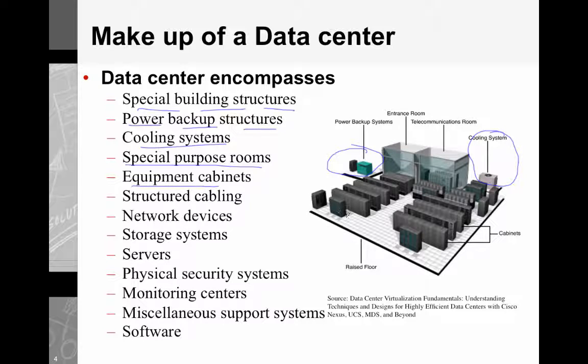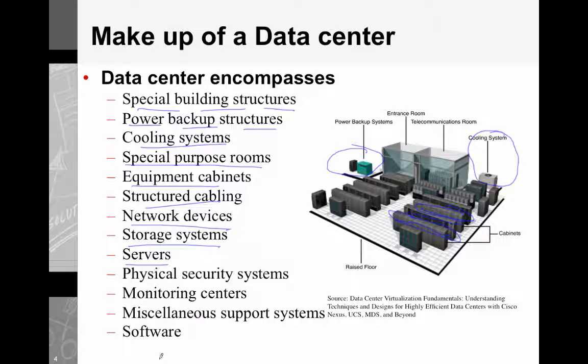There are equipment cabinets. As you can see, there are these cabinets, and that's where the servers will be placed. There is structured cabling going on behind so that all these different servers are connected. There are network devices like routers and switches. There are also storage systems, which are your storage servers for your data disk systems. And then there are servers, which are your actual physical servers.